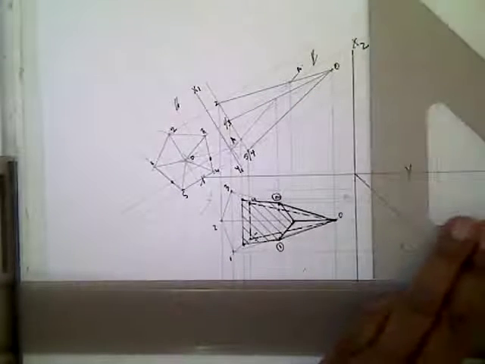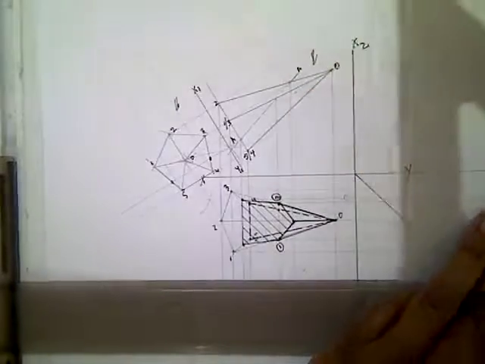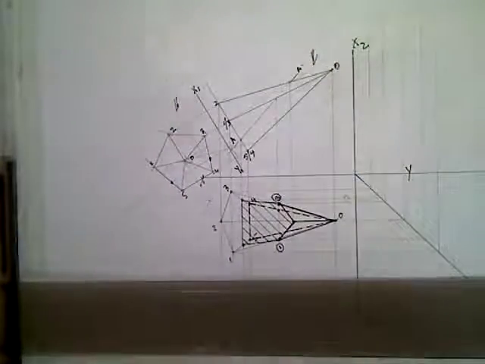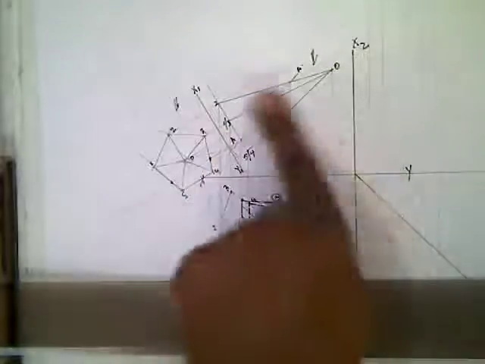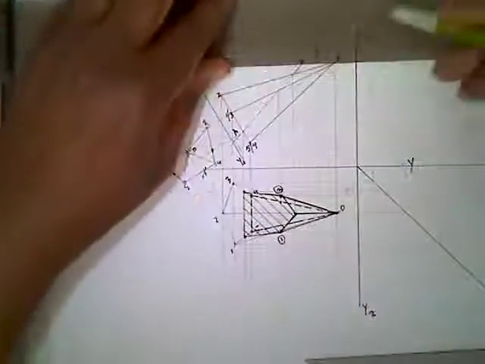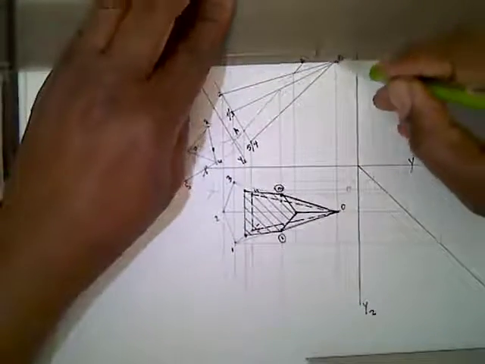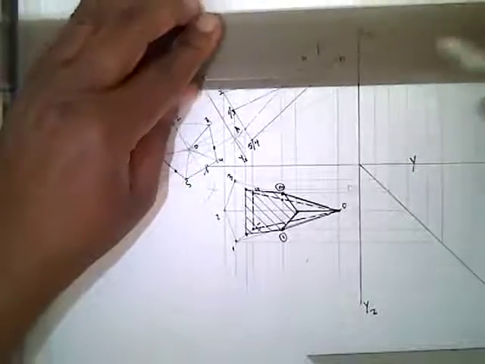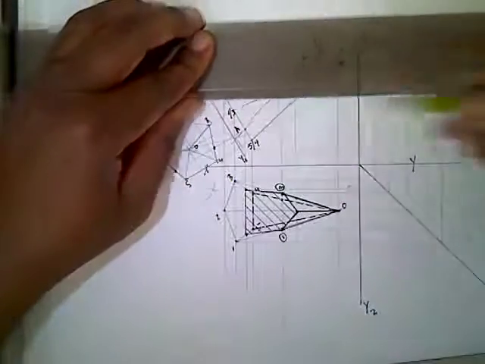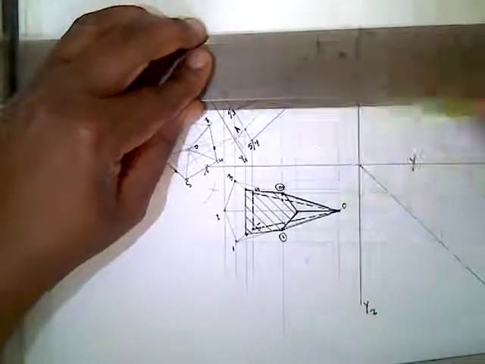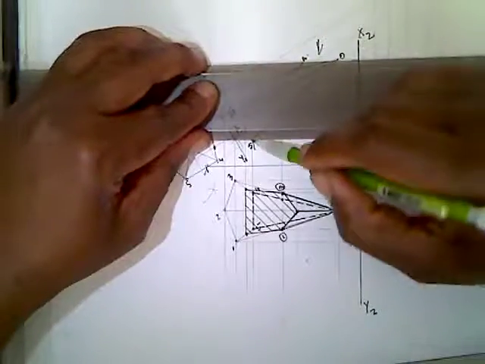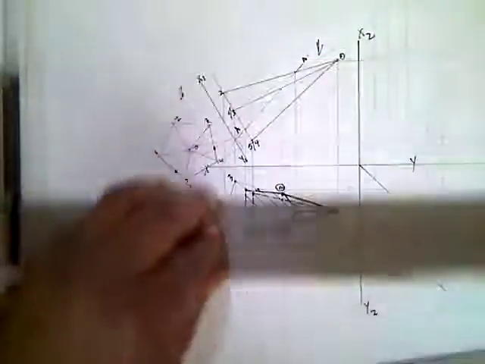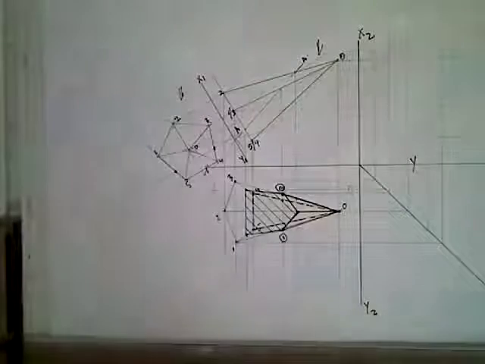Not that one. This one. And then let's check this side across. We have a 0, 2, 3 and 1, 4 and 5. Let's do it.